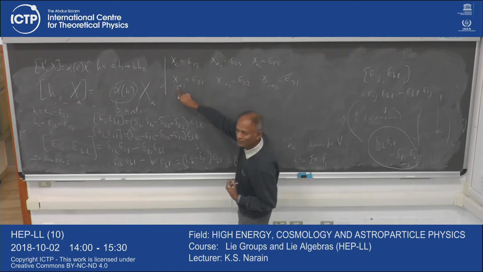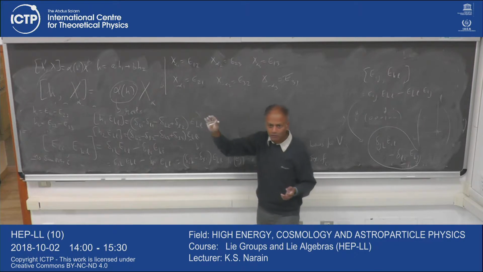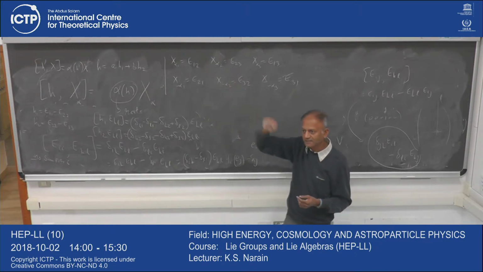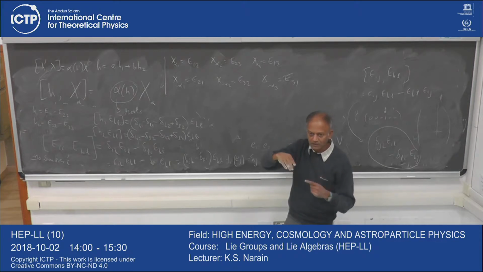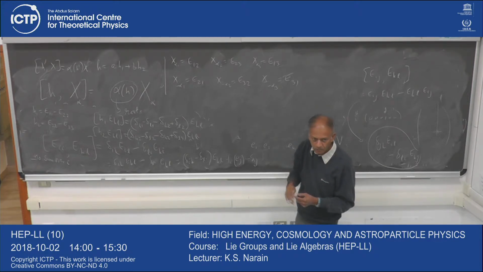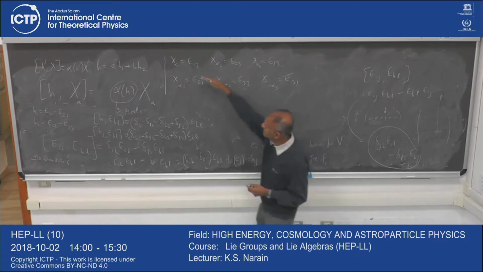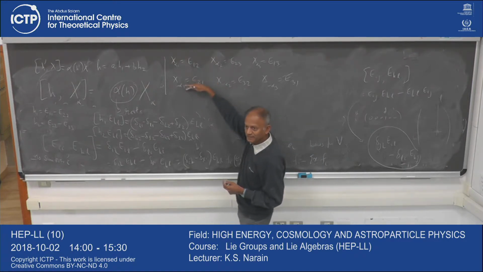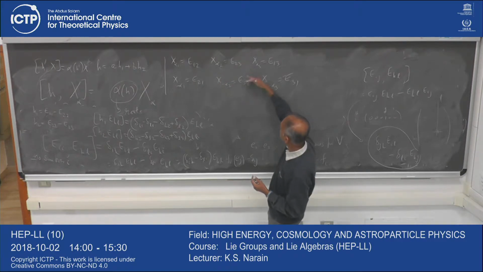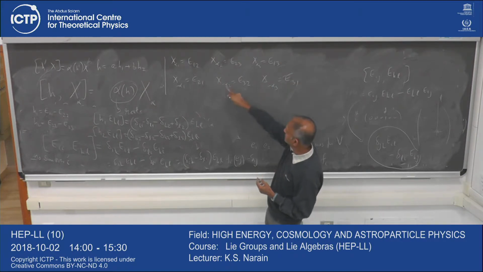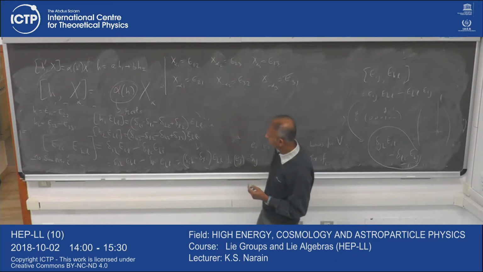That's the reason why we have put the minus here. It's just like in the SU2 case, you had sigma plus and sigma minus, right? The eigenvalue for sigma plus was plus 1, sigma minus was minus 1, or plus 2 and minus 2 depending on normalization. But the crucial thing is that these two have opposite signs for the eigenvalues. And the same thing with these two and these two. That's the reason for putting a minus sign there.